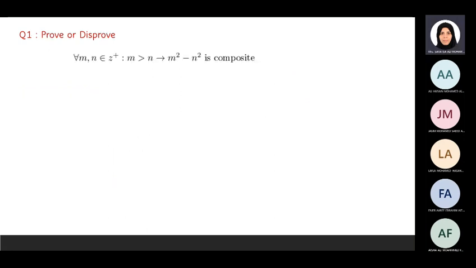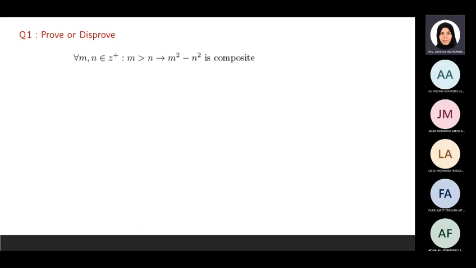This is another question, said prove or disprove. We are in the same question, question number 1. For all m and n belonging to Z plus, meaning any two positive integers, because the domain says Z plus, so I don't care. My domain is only the positive numbers.